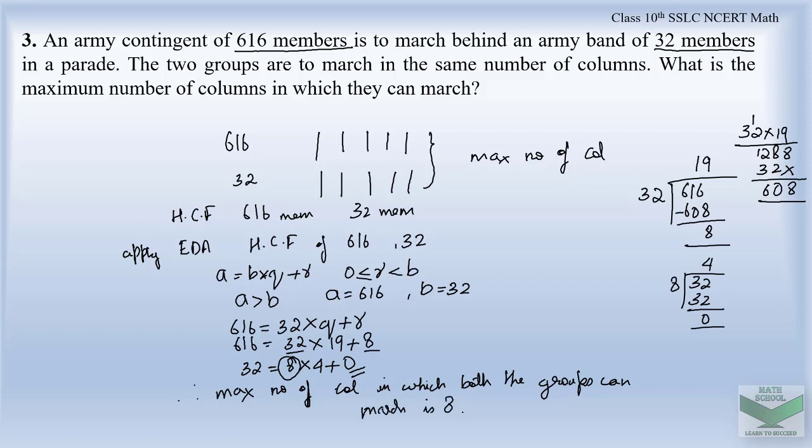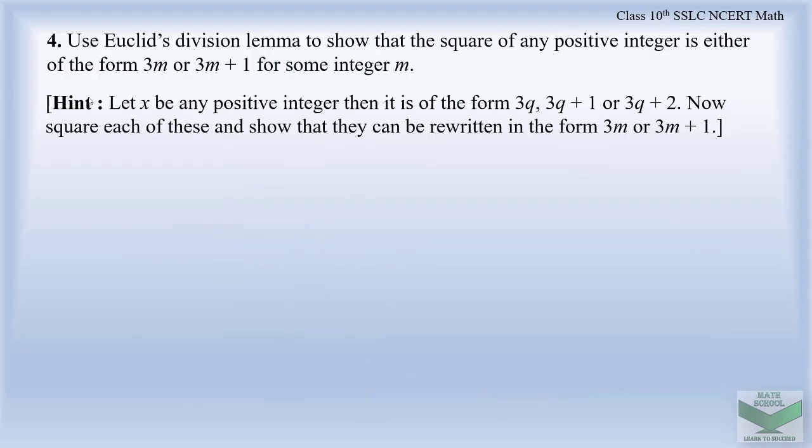Okay, in 8 columns both the groups can march one behind the other. So this is the answer.